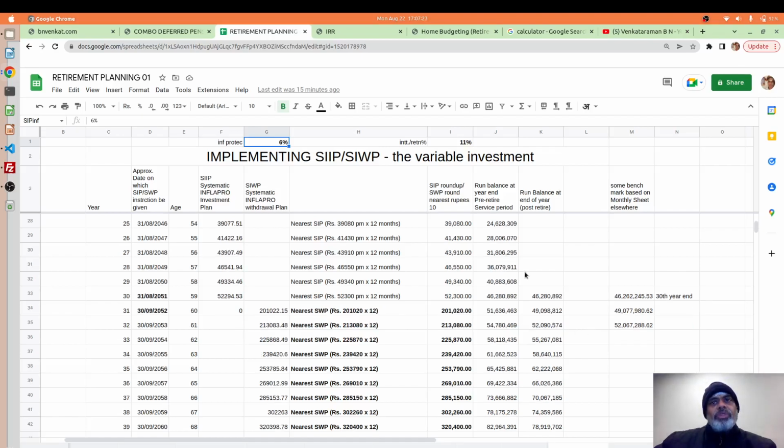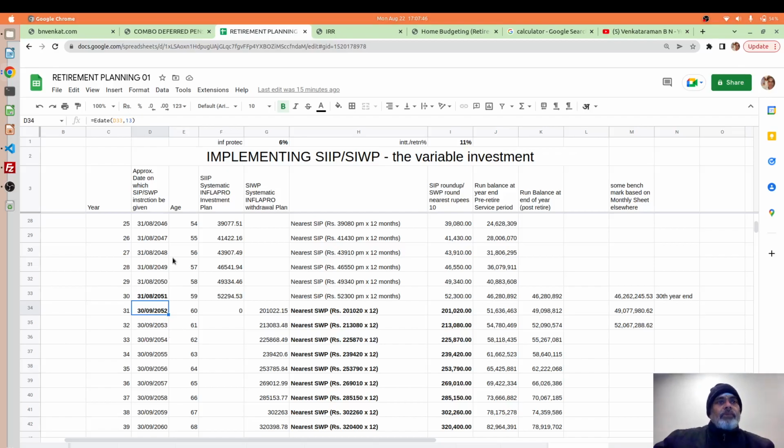Now, there is a small difference in the date. Up to this, investments are always on the first day of the month, whereas during retirement onwards, the withdrawal will be on the last day of the month.